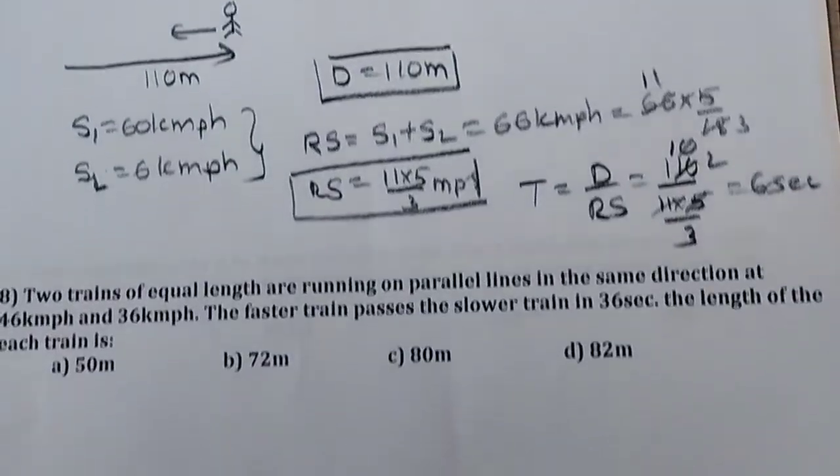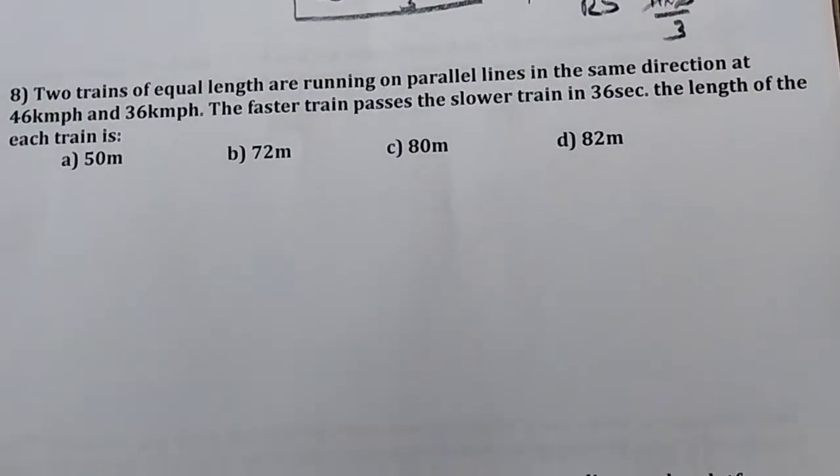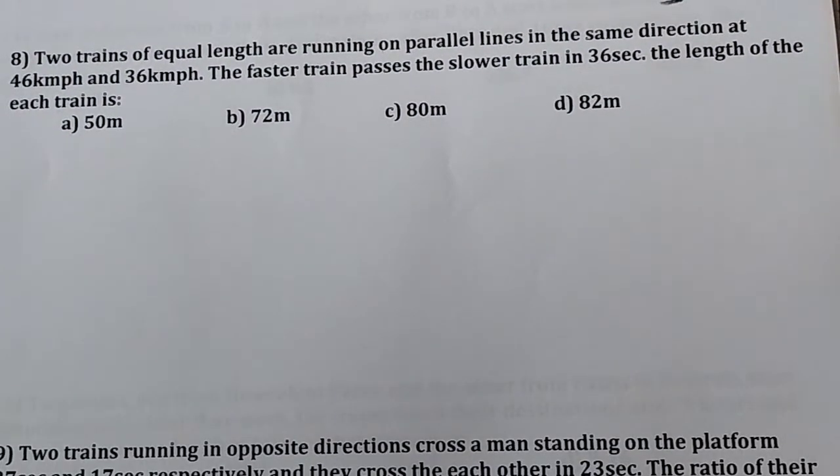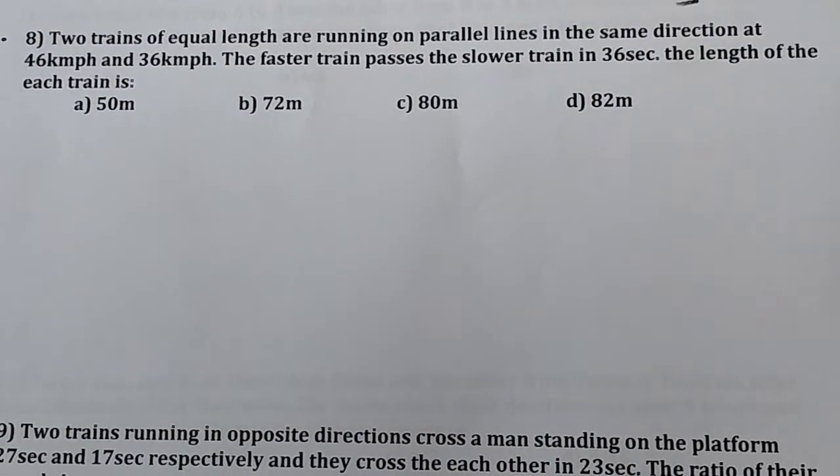Next, question number 8. Two trains of equal length. You can do this on your own. Two trains of equal length are running on parallel lines in the same direction at 46 kilometers per hour and 36 kilometers per hour.